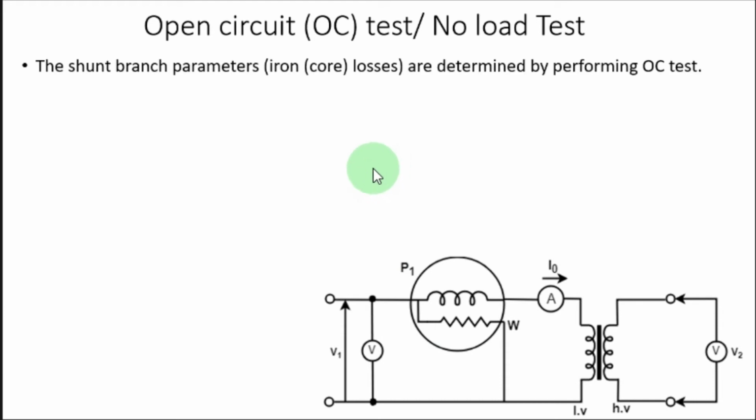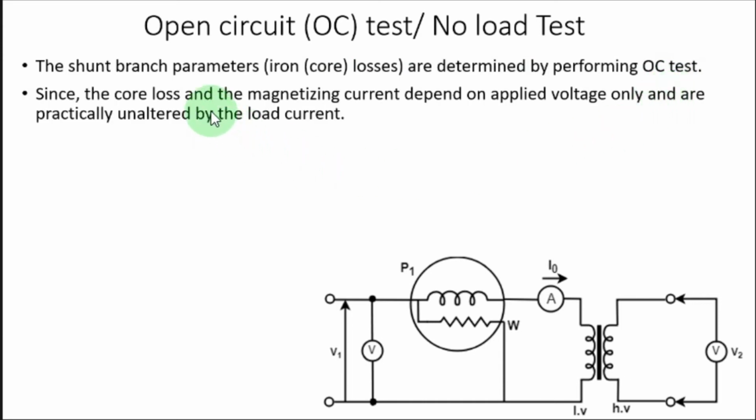The shunt branch parameters, that is the core losses, iron or core losses, are determined by performing the open circuit test. So we can find the RC and XM values of the equivalent circuit using the open circuit test.